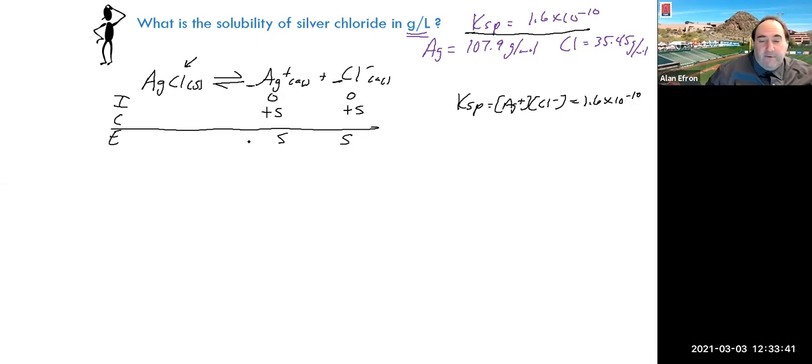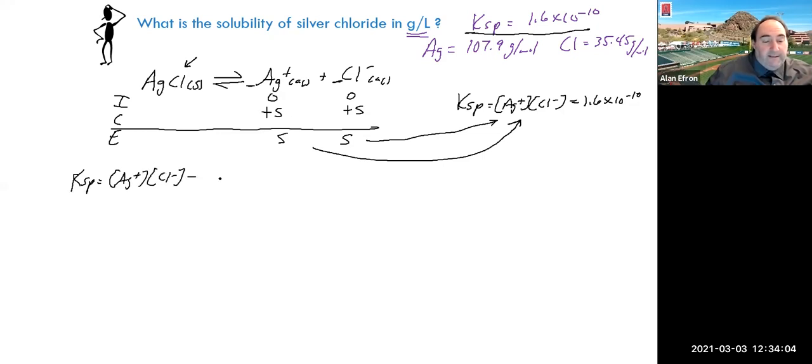Now, different than the previous problem, because we are given the KSP value, just like we do with regular equilibrium problems, we're going to take these values and put them into our expression here. That means that we would technically get the KSP is our silver times our chloride, which basically is S squared when we put that in there, is equal to 1.6 times 10 to the minus 10.